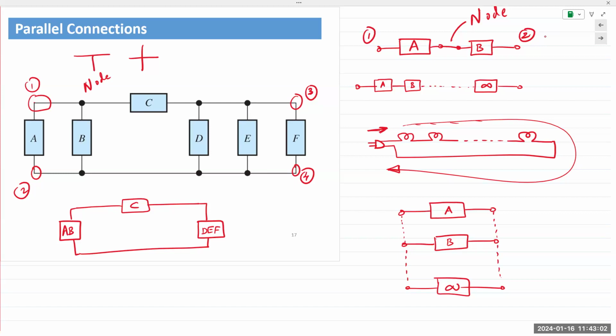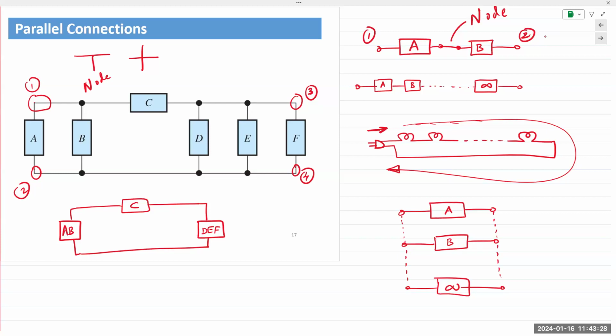But the parallel combination of A and B is in series with C. And the parallel combination of D, E, and F is in series with C. Individually, these elements have no relationship with C in terms of series or parallel. They're just connected together.